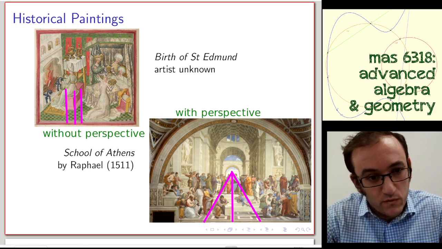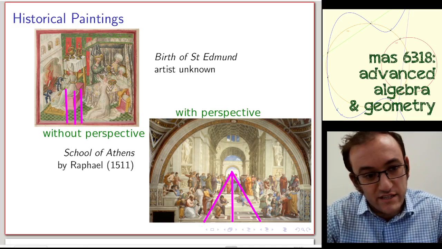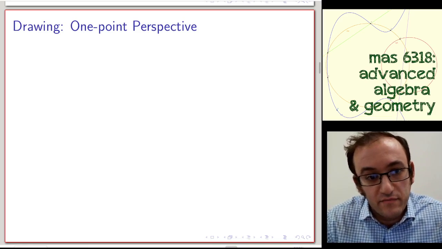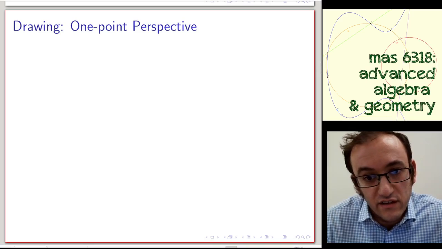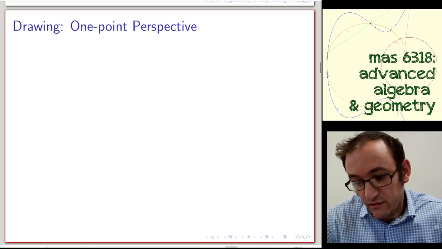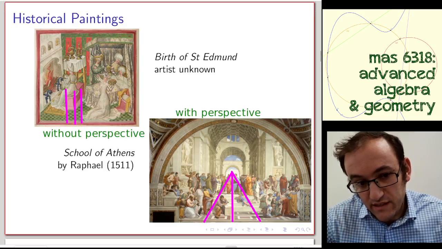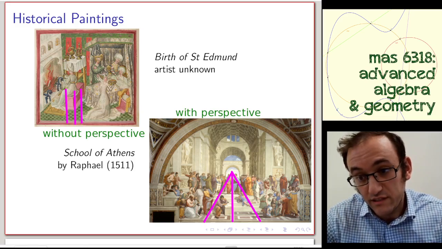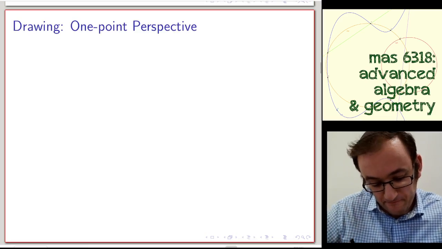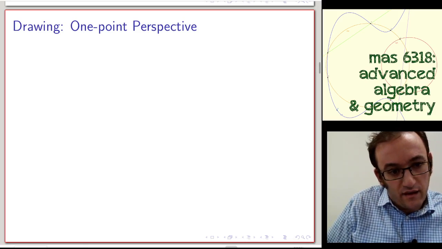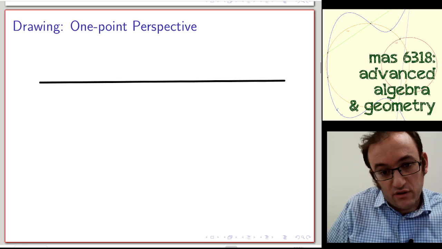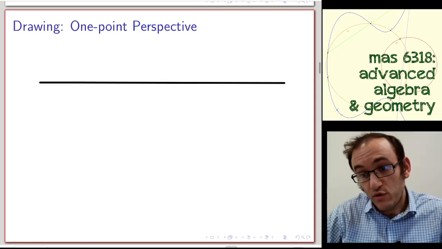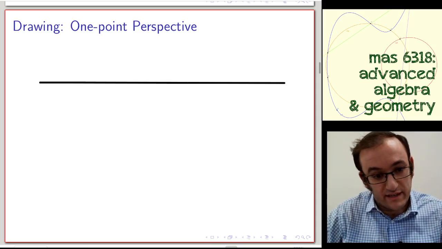Let's continue and try to do some more drawings of our own. So we're going to take the idea of one-point perspective and use that to draw a tiled floor. Okay, we had a tiled floor in this picture, and this is something that's done by Stillwell in Chapter 5 of his book, which I assigned as reading, where he is able to draw a tiled floor which is consistent with perspective.